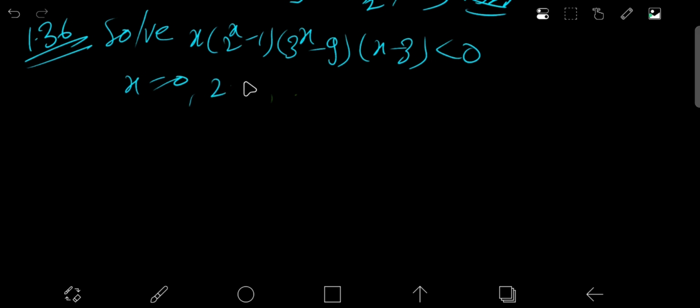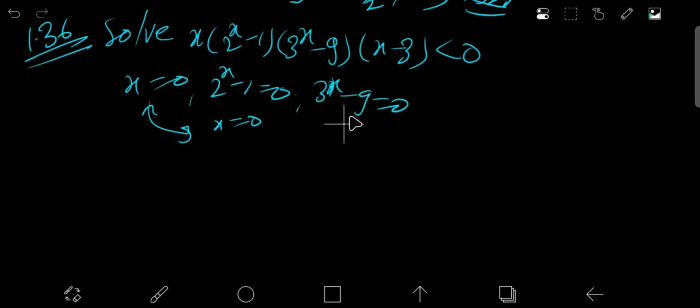And from here 2 to the power x minus 1 equal to 0, so we also get x equal to 0. So 0 has multiplicity 2, meaning the power is even. From here 3 to the power x minus 9 equal to 0, so we get 3 to the power x equal to 3 square, so x equal to 2, and this side gives x equal to 3.